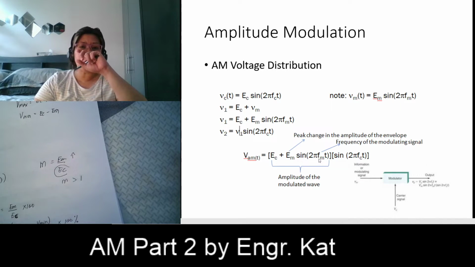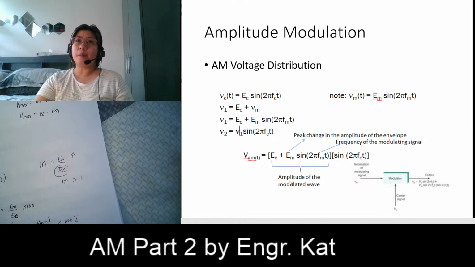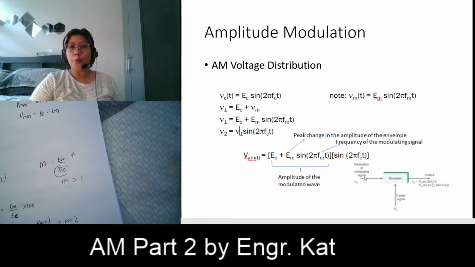So the peak change in the amplitude at its specific frequency plus your EC will determine the amplitude of your modulated wave. If we look at a modulator circuit now, our information signal is this one, and our carrier signal is this one.